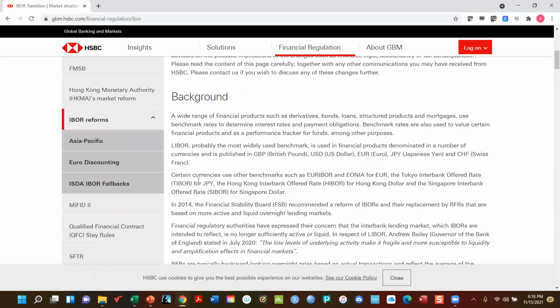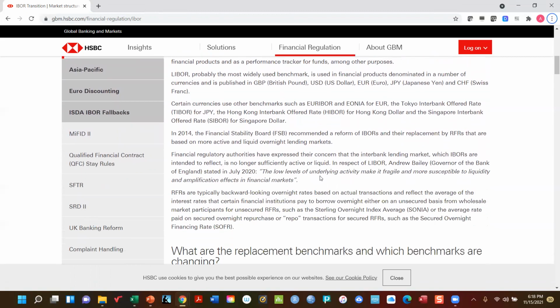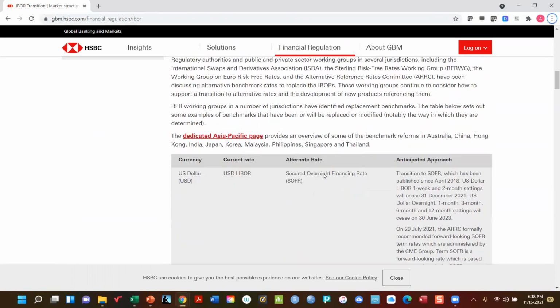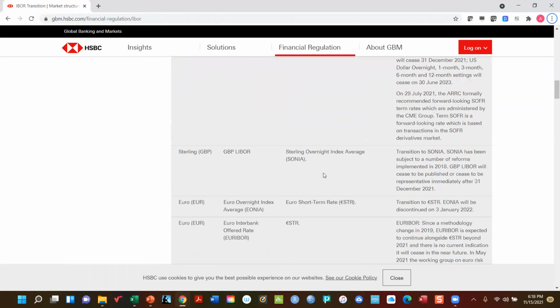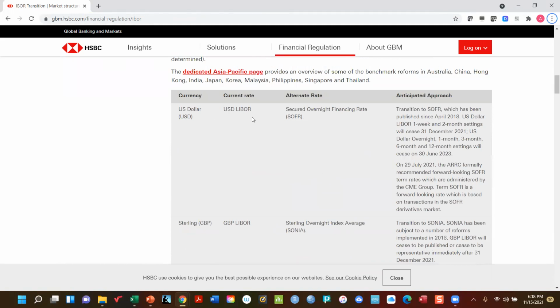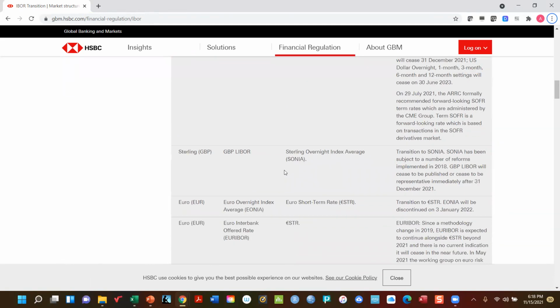Oh, here we go. Certain currencies use other benchmarks. So the dollar will use SOFR. The pound will use SONIA, sterling overnight index average.